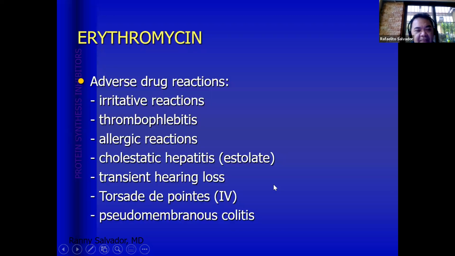Also transient hearing loss, and arrhythmia, torsades de pointes. This occurred if you gave it IV together with terfenadine and astemizole before. If you give it with antifungal medications, you might also have arrhythmia. So be very careful, but again, these are not in our market. Pseudomembranous colitis was also more common when we gave erythromycin before.